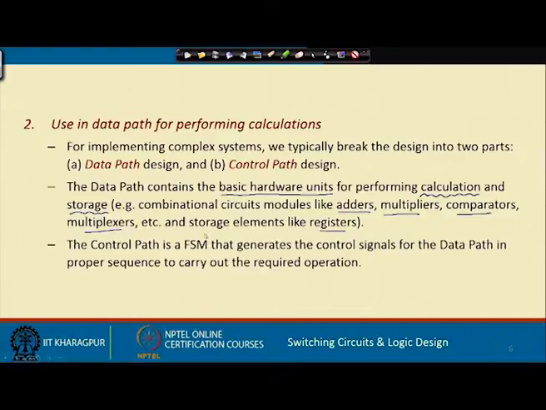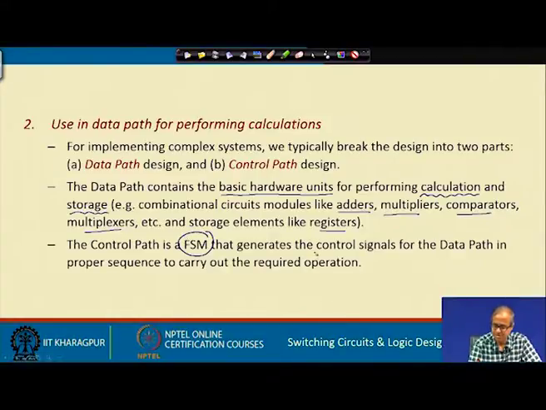That is the role of the control path. So, control path is nothing but a finite state machine. Control path is a finite state machine that will be generating control signals which will be activating the data path. Like for example, if there is a register, you can say that you clear the register, load the register, like that. So, this we shall be explaining with the help of some examples, so that you have an idea of how these are actually done.